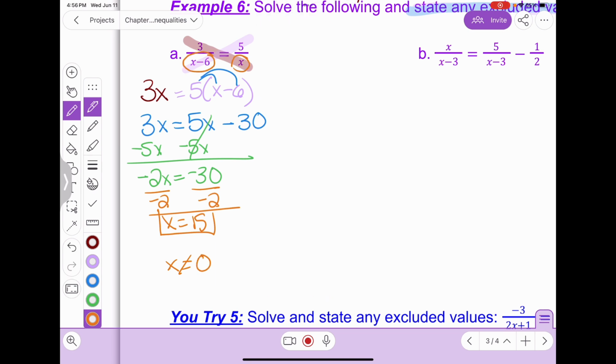And then here, if I put a regular 6 in, 6 minus 6 equals 0. So the excluded values in this one would be 0 and 6. So our regular answer is x equals 15. That's the solution. And then our excluded values would be 0 and negative 6.